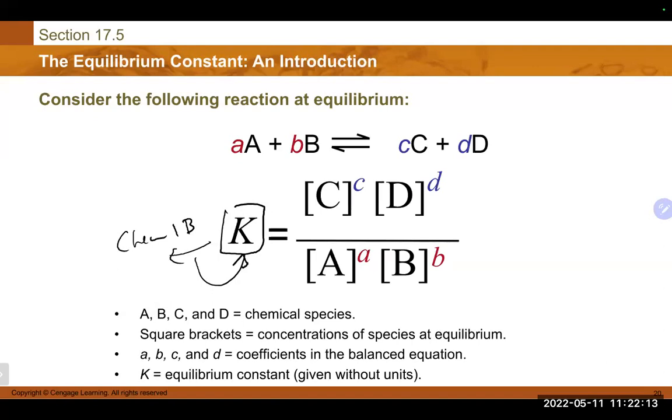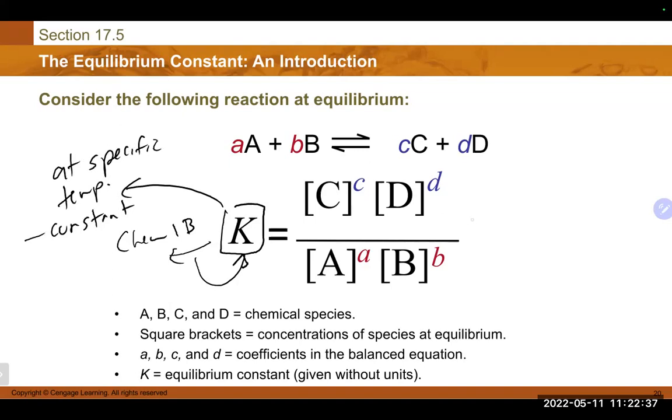But ultimately, K is an equilibrium constant, and it is a constant value for a particular reaction at a specific temperature. So at a specific temperature, this value will be constant for any reaction.